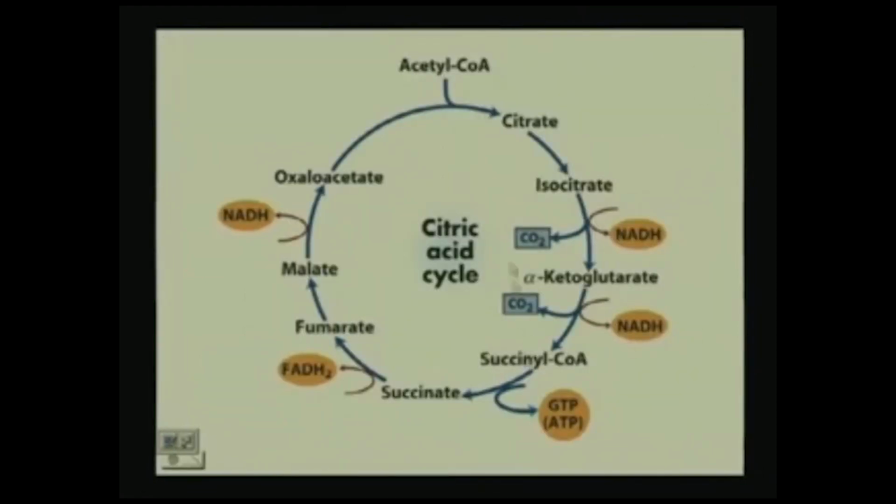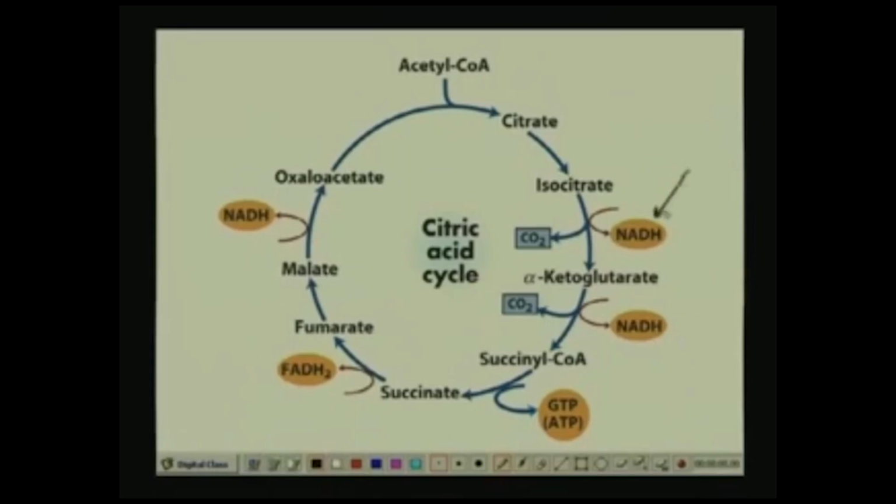So here is our whole cycle. Acetyl CoA comes into the picture, from oxaloacetate to citrate, isocitrate, NADH produced. So here is one NADH. We have oxaloacetate. How many carbons here? 4. How many carbons here? 2. 6. Right? We still have 6.